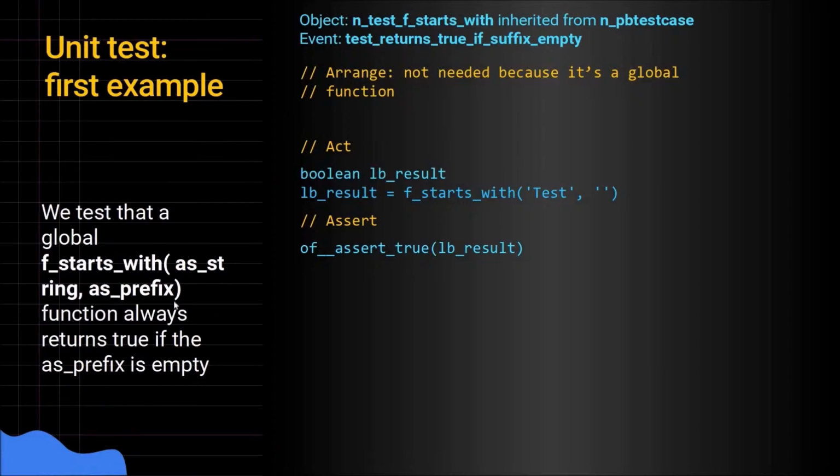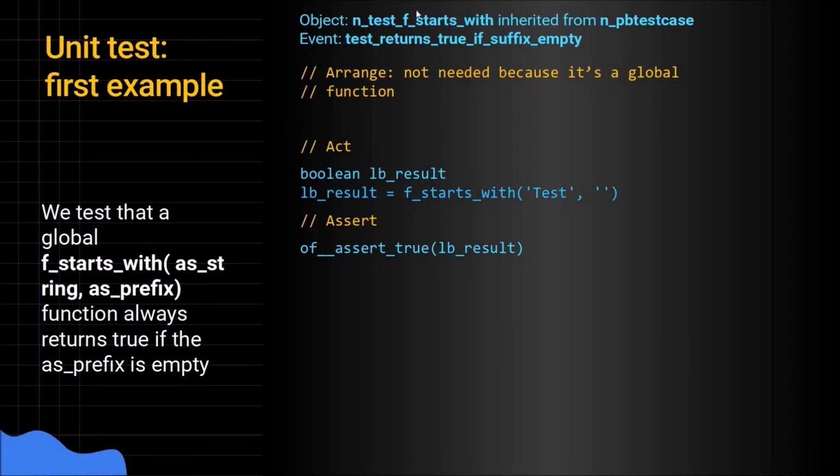Okay, so we want to test a side case. We want to test if the function returns true if the prefix is empty. Of course, if the prefix is empty, this function has to return true, because any string begins with an empty string.